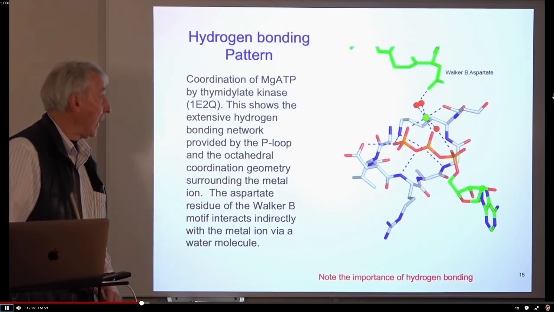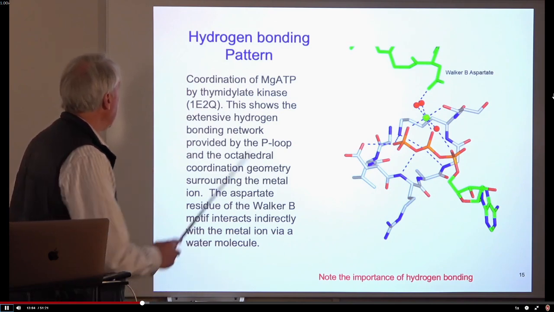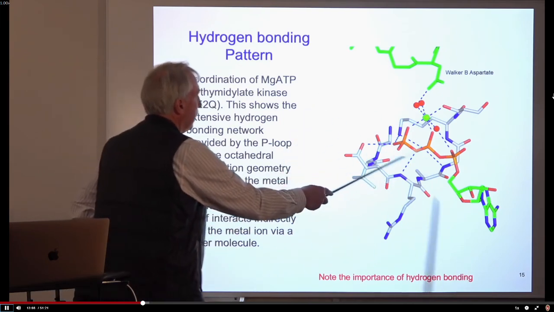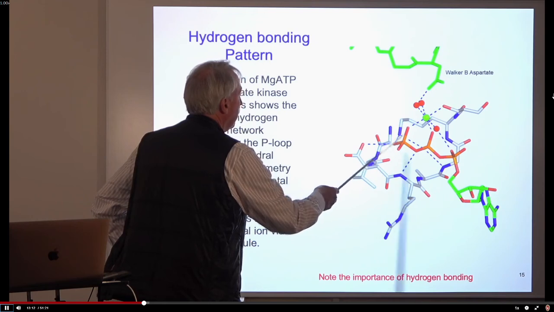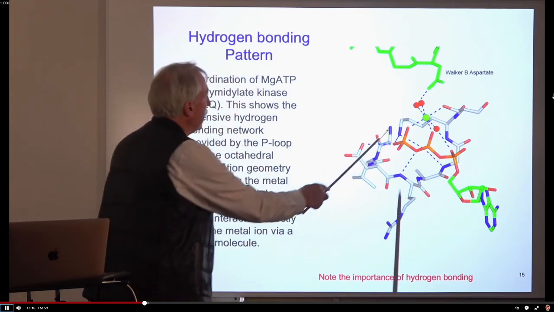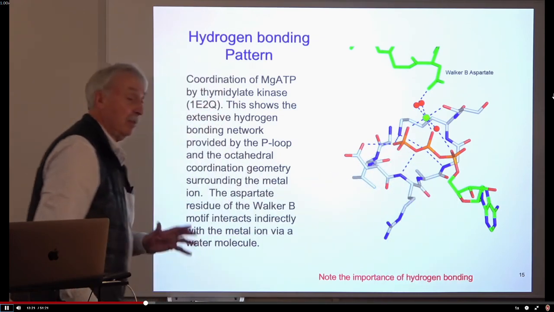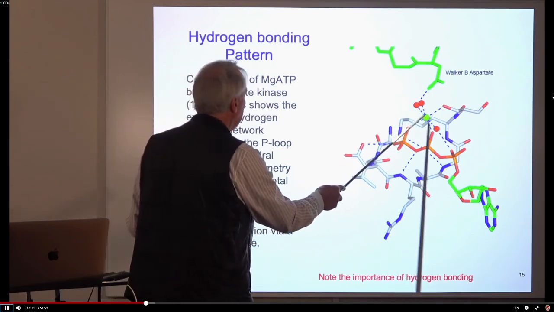Now, as you would expect, hydrogen bonding is really important for coordinating magnesium ATP in the active site. And this shows the interaction. It doesn't include all of the hydrogen bonding interactions, but to a first approximation, every oxygen of the phosphate participates in a hydrogen bonding interaction, both with the protein and with the magnesium ion.